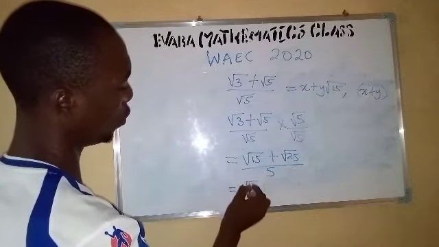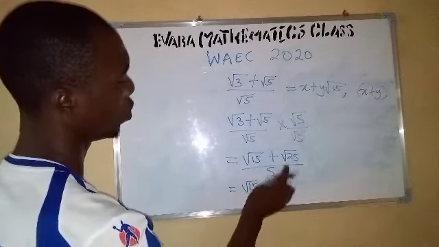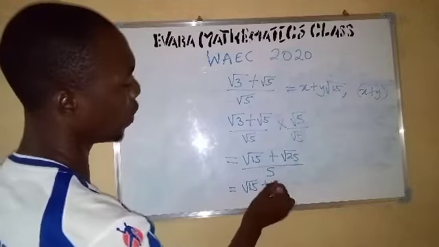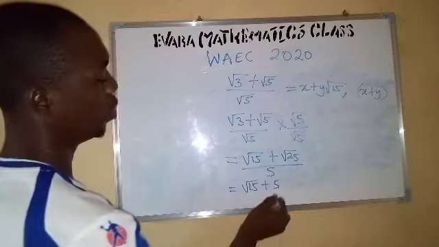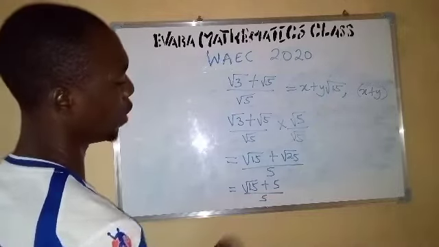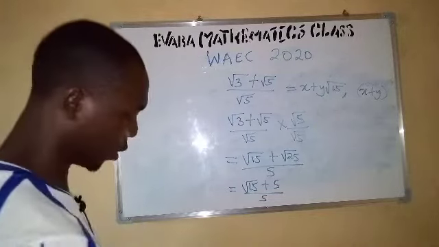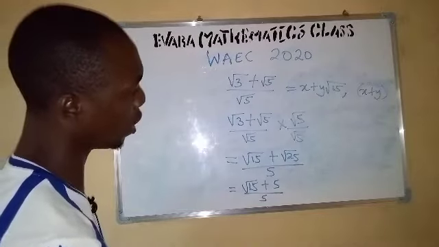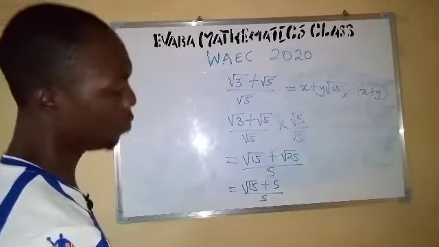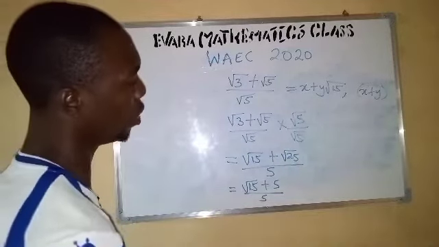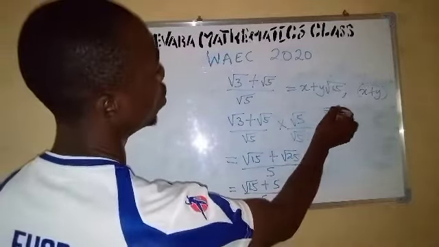This is root 15 plus root 25 is 5. The square root of 25 is 5, like we all know, divided by 5. Don't forget that we are asked to give our answer in this form, x plus y root 15. So that means we have to split this thing into 2.